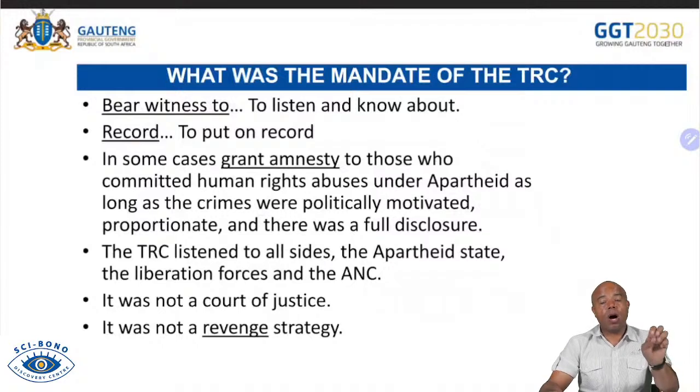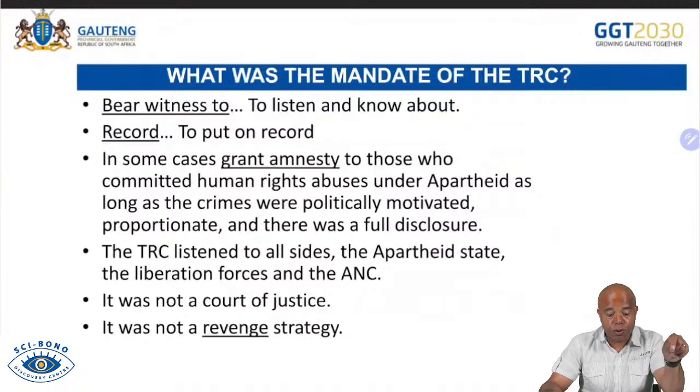So what happened is, you only received amnesty if, first, the human rights abuse had to take place. Take note, amnesty was only granted if human rights abuse was evident, and the crime must be politically motivated. And lastly, there must be full disclosure.